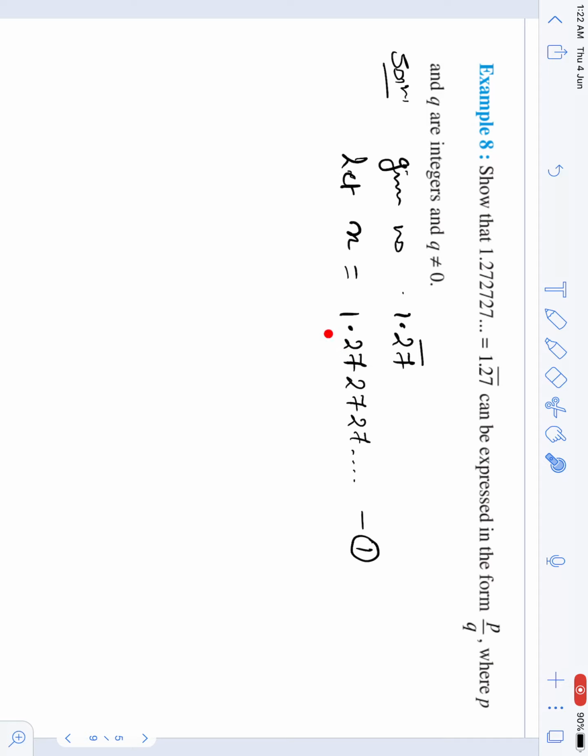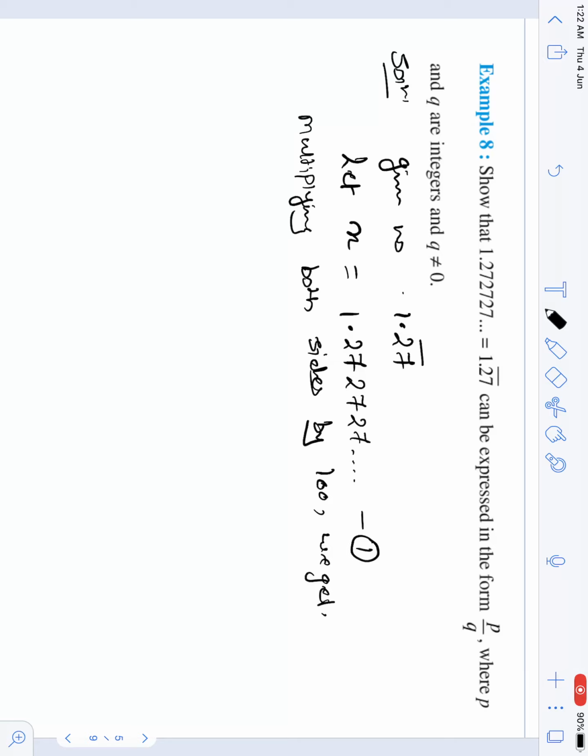To move this decimal 2 digits to the right, we have to multiply by 100. So the next step will be multiplying both sides by 100, we get.